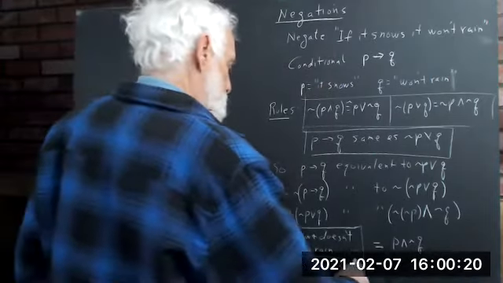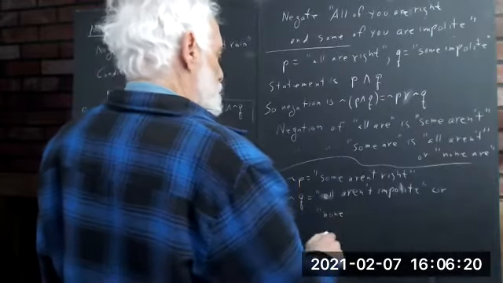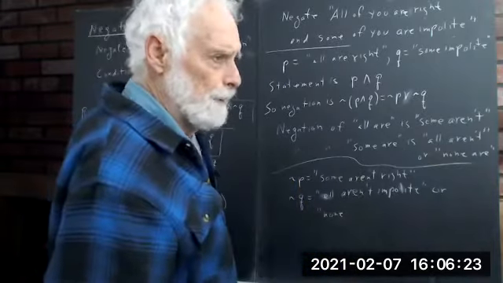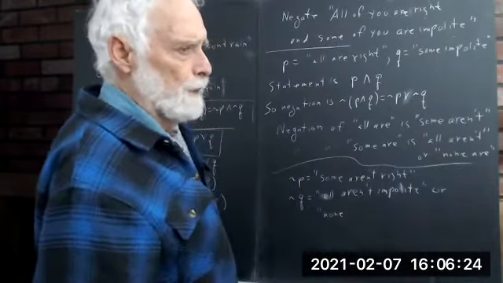It's a little clumsy to say all aren't impolite, especially since in the vernacular, all and some don't necessarily mean what they mean logically. Okay. So it might be more clear to say that none are impolite.